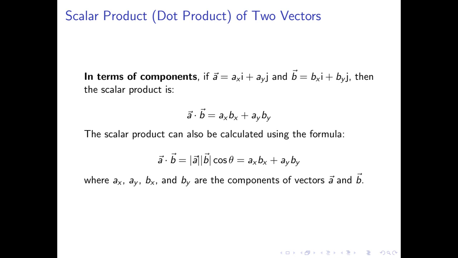So when you do a scalar product between the components, you are going to have AX BX, or A1 B1 plus A2 B2.